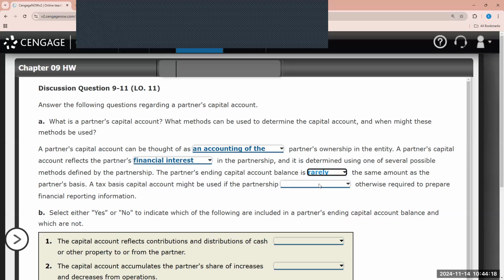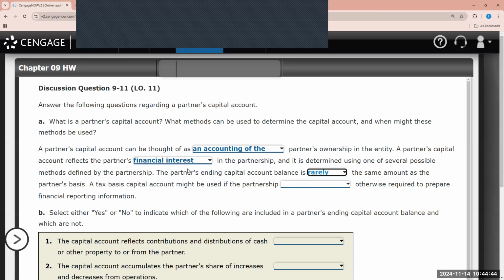And as it relates to the capital interest, that's basically measured by whatever the partner's capital sharing ratio is. And that is the partner's percentage ownership of the capital of the partnership. So, to make it easier, this will be the share of capital that the partner would receive if the entity was liquidated.